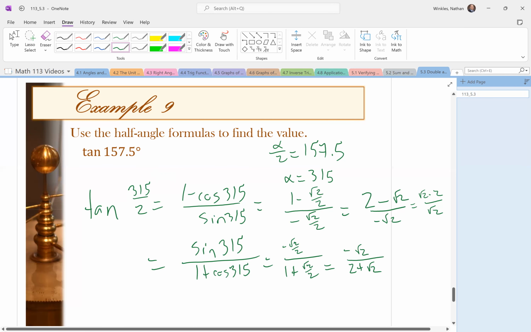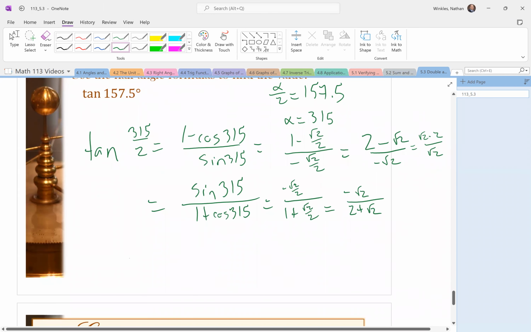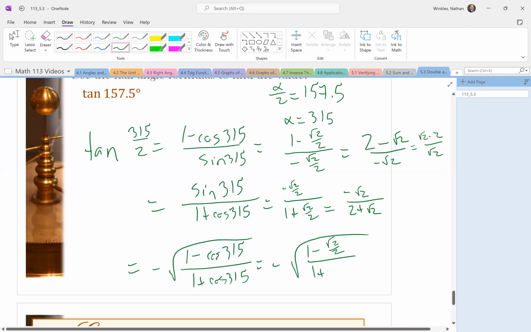The harder one to show that's equivalent is the third case here, and that is if we did, so 157.5 is the second quadrant, so that means that it's negative. So if we did negative square root of 1 minus cosine of 315 over 1 plus cosine of 315, we get negative the square root of 1 minus root 2 over 2 divided by 1 plus root 2 over 2.